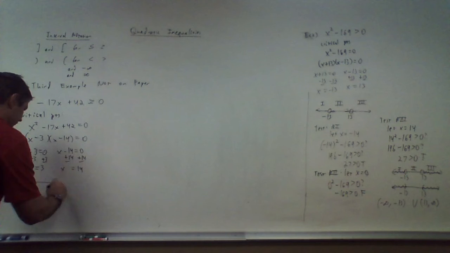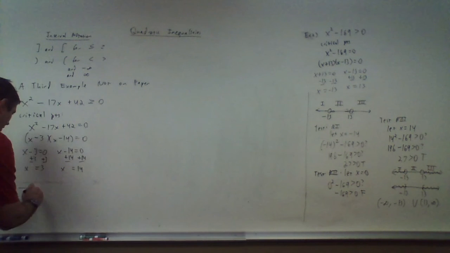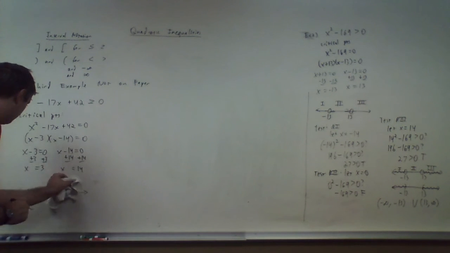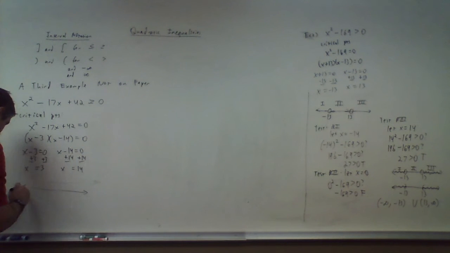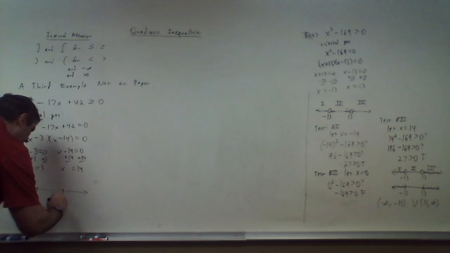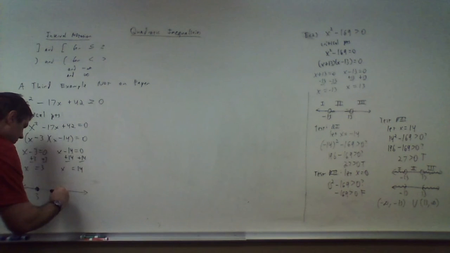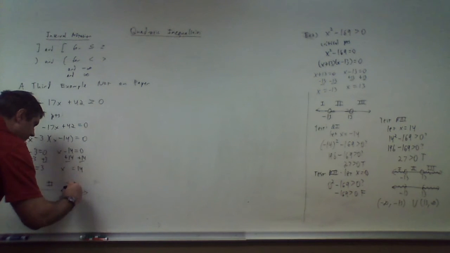So, I'm going to put this a little lower so I can use the Roman numerals to label the regions. So, 3, 14, "or equal to" means closed dots. Number region 1, region 2, region 3.